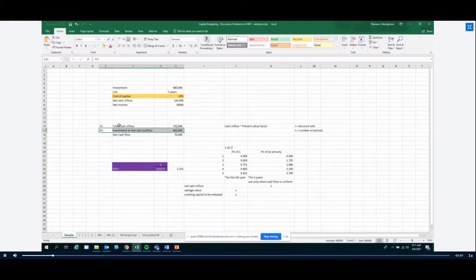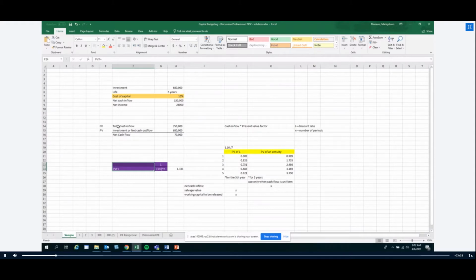That's where present value of one and present value of an annuity come in.